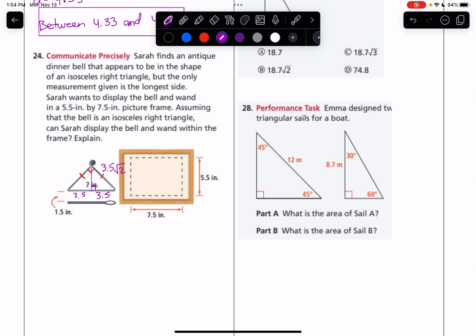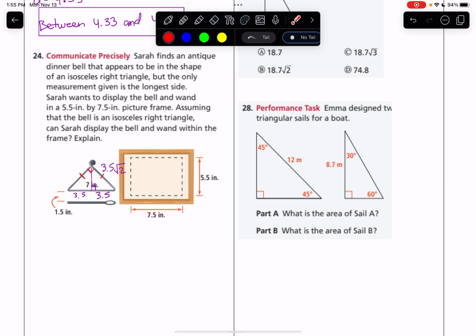All right? So then, assuming she wants this bell and wand within the frame, we can, of course, prove to ourselves, if we wanted to, that this is going to be an isosceles triangle with this triangle right here.